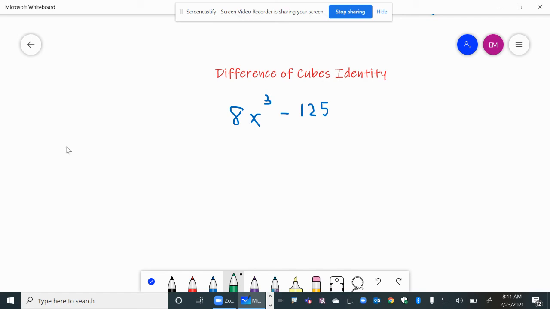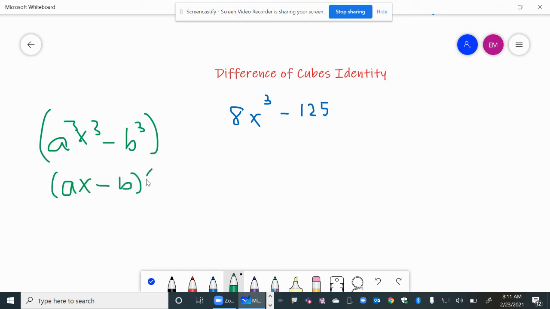The difference is when you have a cubed times x cubed minus b cubed, what we're going to do is now we're going to have a times x minus b, all times a squared x squared plus a b x plus b squared.